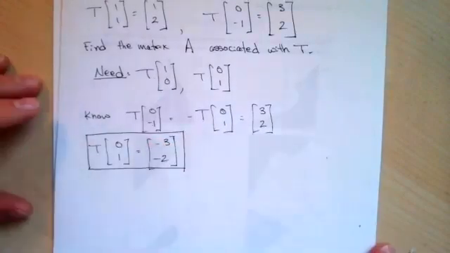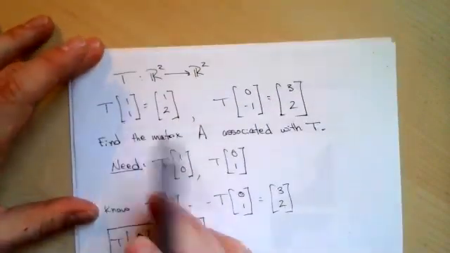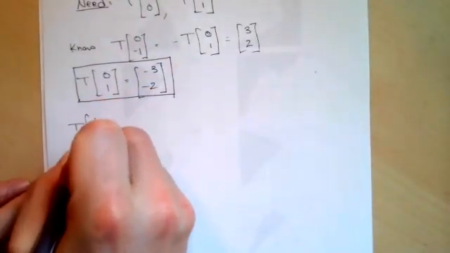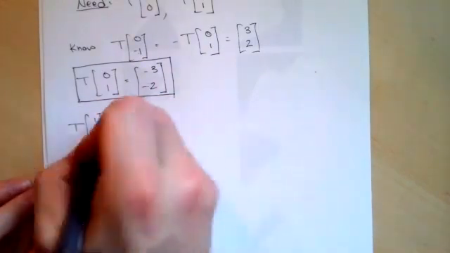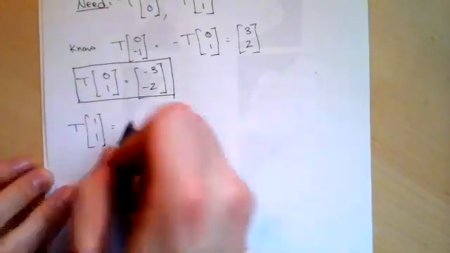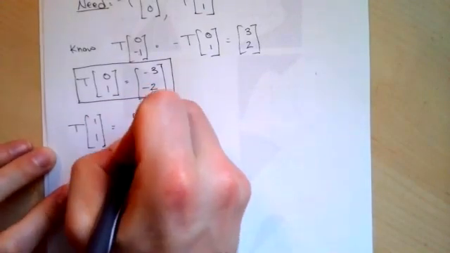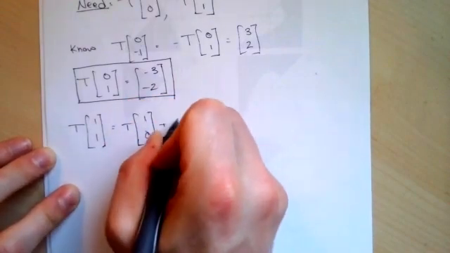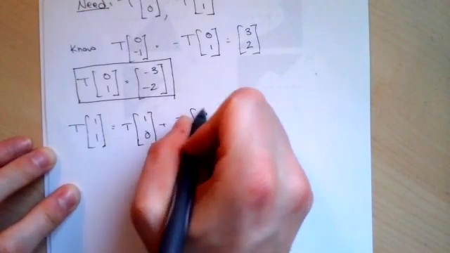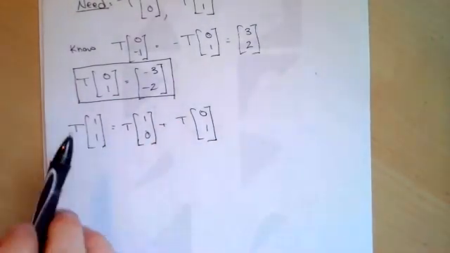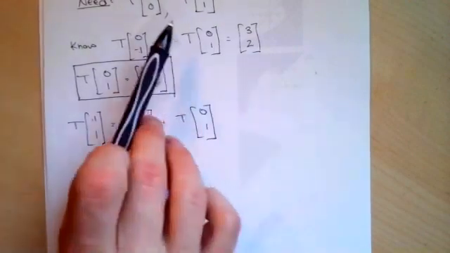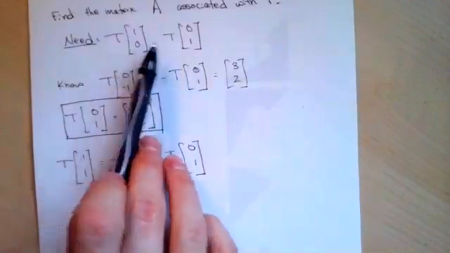To find the first, well, we're going to have to use the other piece of information. So T of (1, 1) is going to be T acting on (1, 0) plus T acting on (0, 1). So all we're doing is breaking up the initial vectors that we were given in terms of their linear combinations of our standard bases.